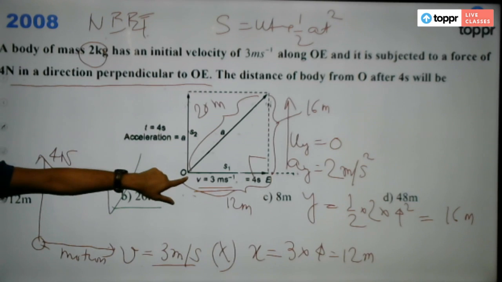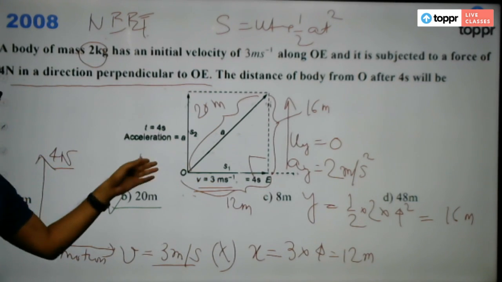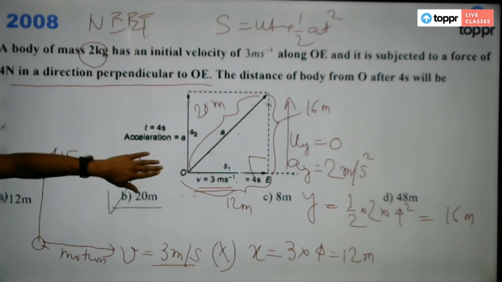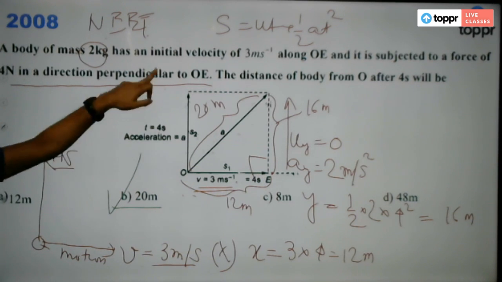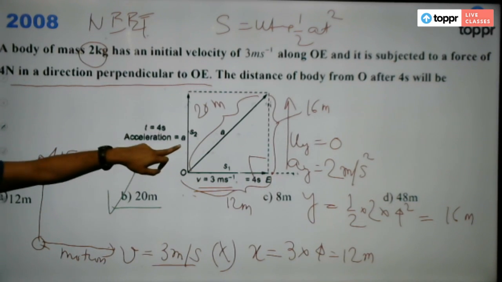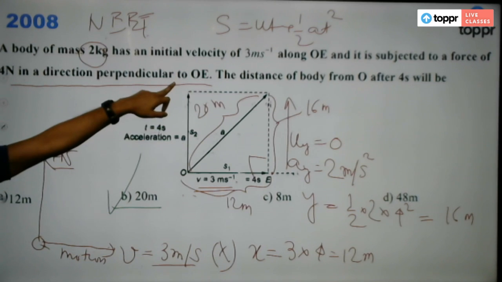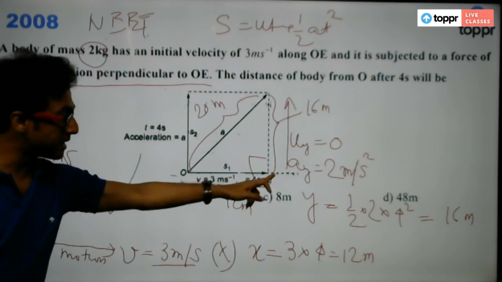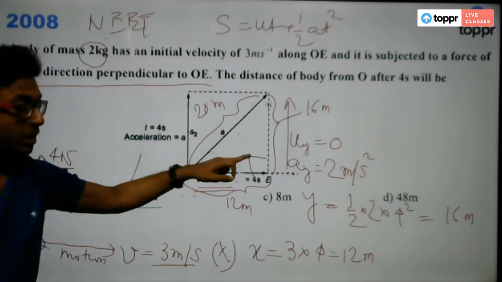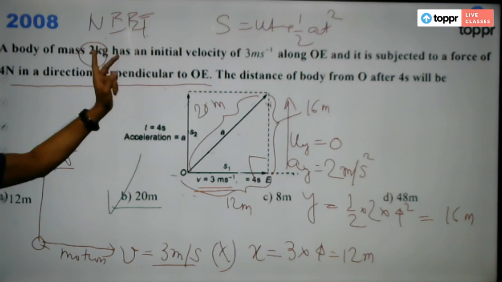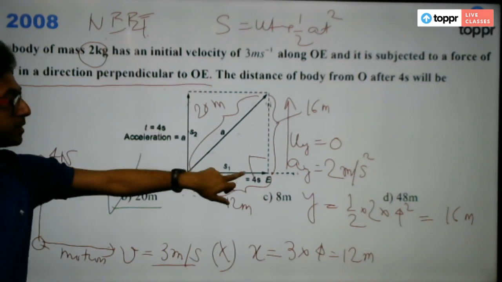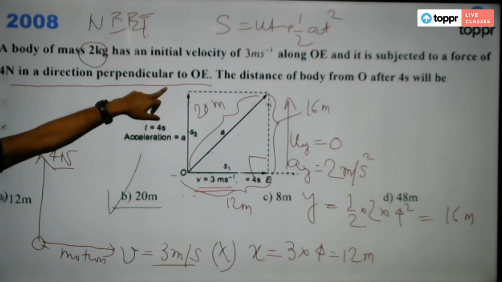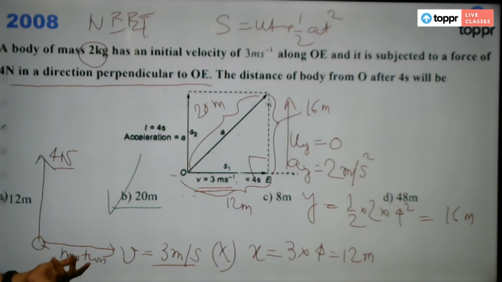No. V equal to 3 meter per second means it is only in the x direction. And when the force is in the y direction, force is definitely changing the velocity, but in the y direction only. So this is a uniform motion, and for this it is accelerated motion, and we can calculate the displacement individually in the x and the y direction, and then we apply simple Pythagoras theorem. Okay, let's take a water break.